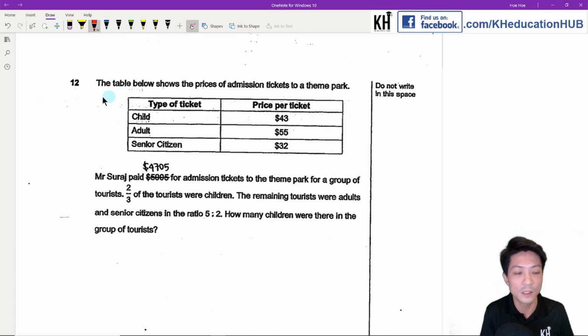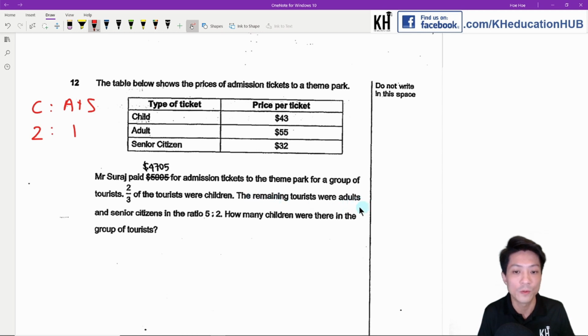The first thing we need to figure out is the ratio of children to adult to senior citizen. We know that 2/3 of the tourists were children, so children to adult plus senior citizen is 2:1.